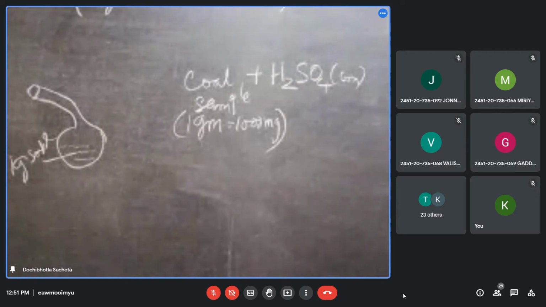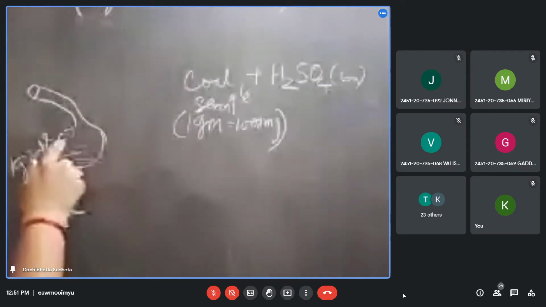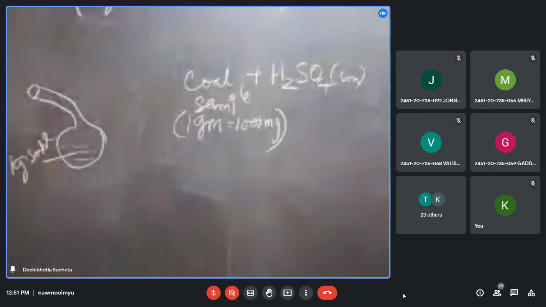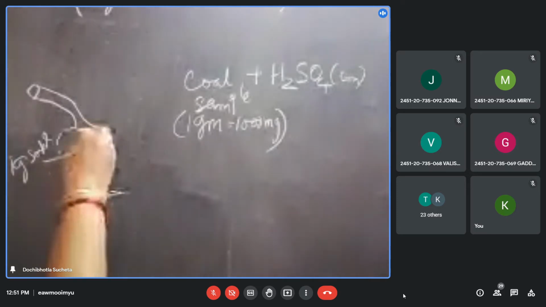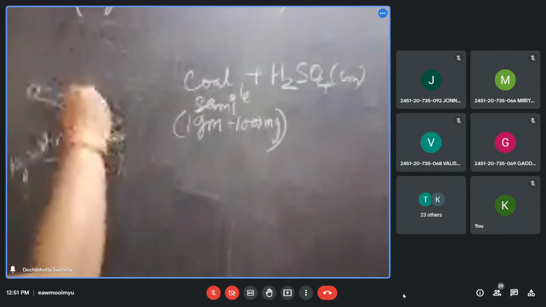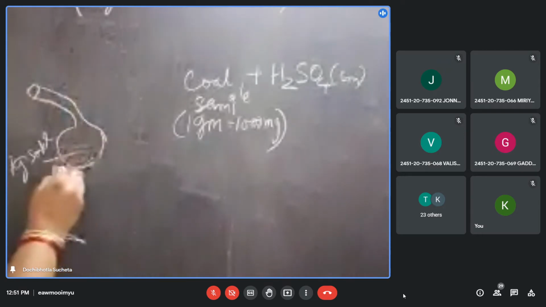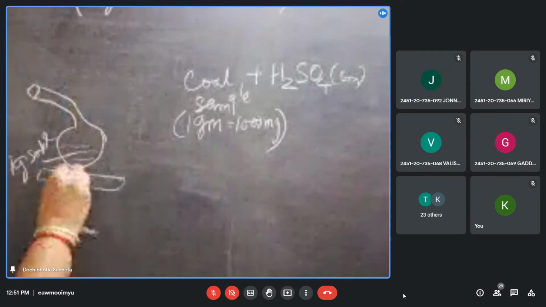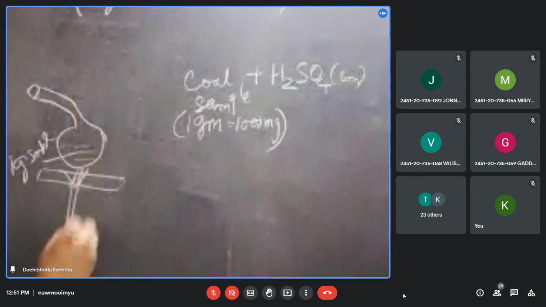In this round bottom flask, I'll take concentrated sulfuric acid. Then I'll put 1 gram of the coal sample and start heating this with the Bunsen burner.